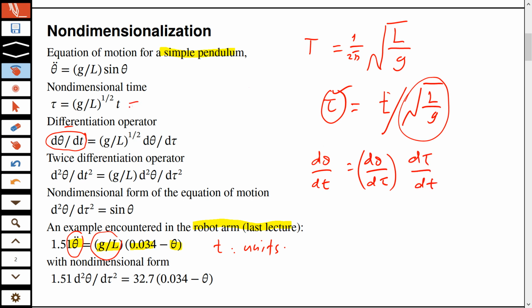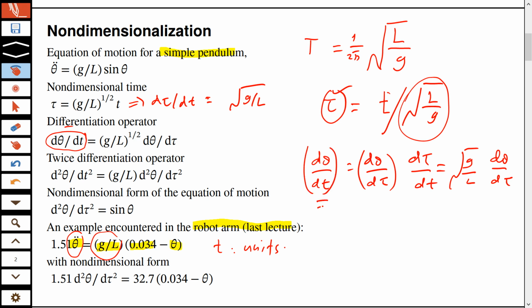From this equation, d tau over dt is simply that G over L square rooted. So it will be G over L square rooted times d theta over d tau. You see? So now we go from differentiation with respect to physical time to differentiation with respect to non-dimensional time, and we have to multiply by this factor.